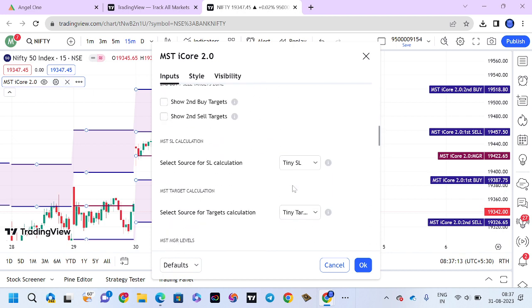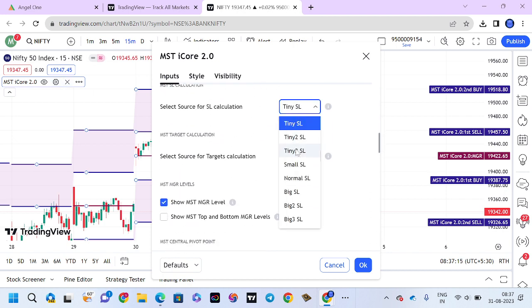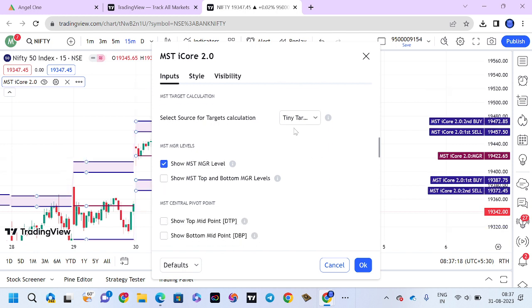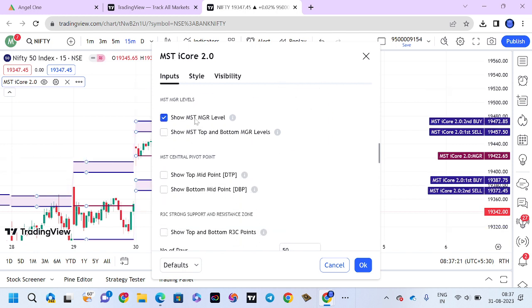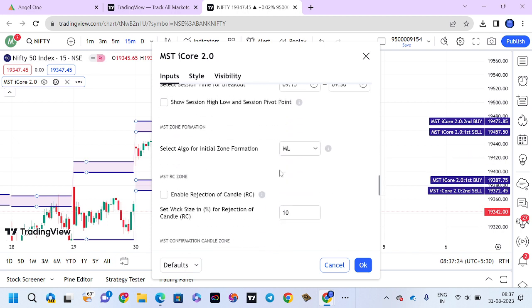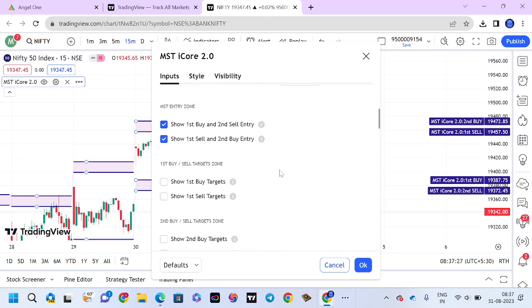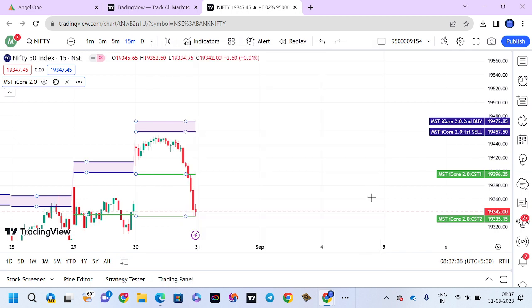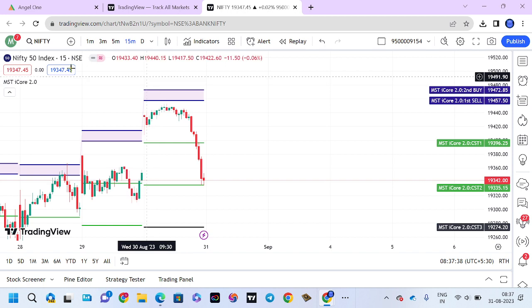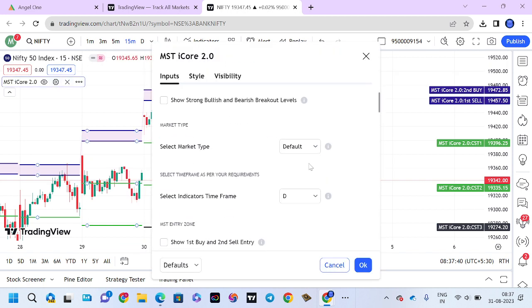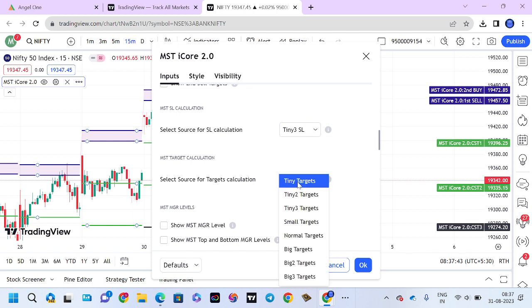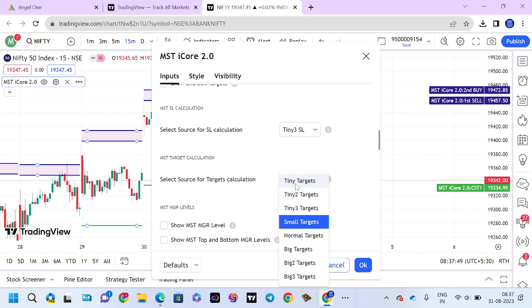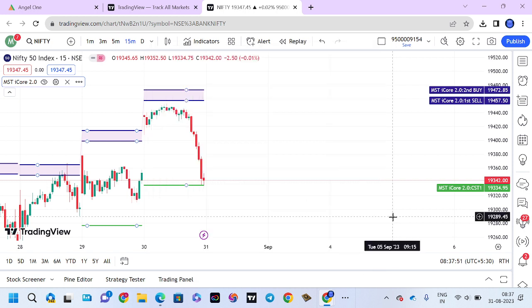So now, when you find any R3C pattern, bearish or bullish, you can reduce the stop loss. Very small stop loss you can keep, so that you will get more profit. Whatever time frame you are keeping, we have given all the options, right?